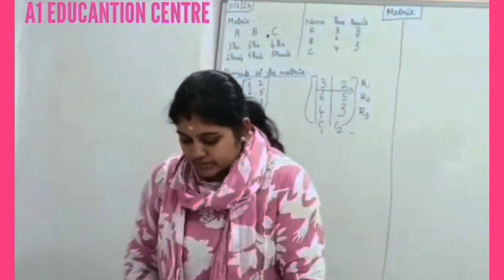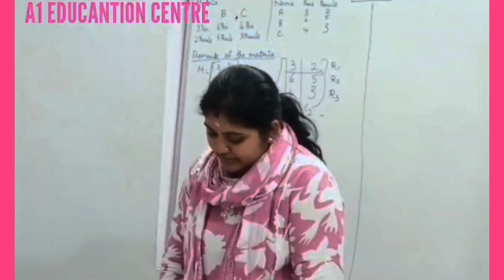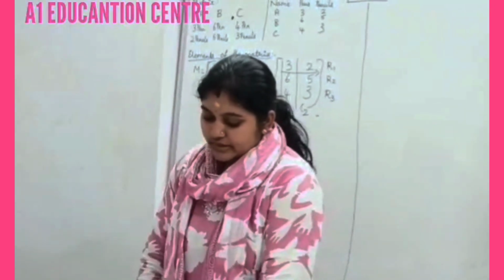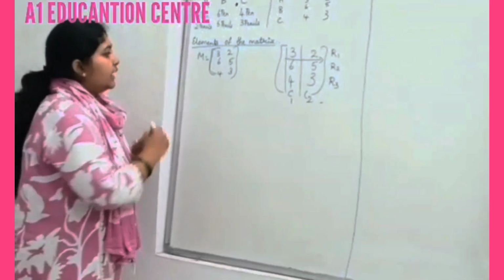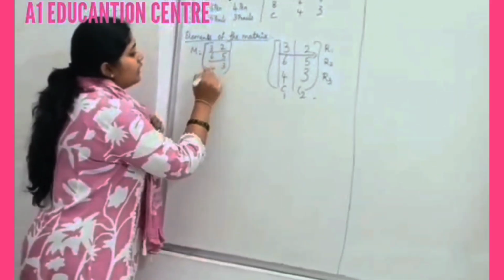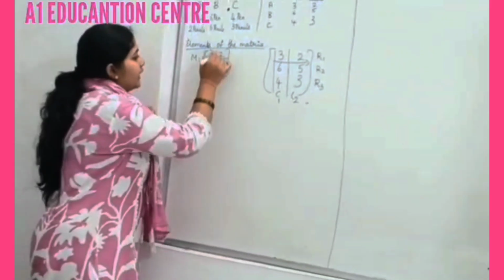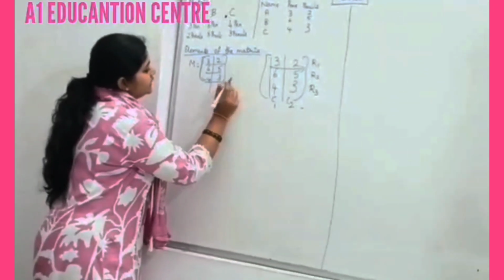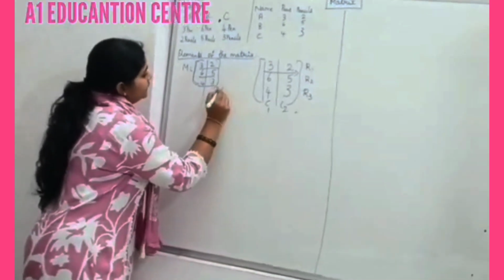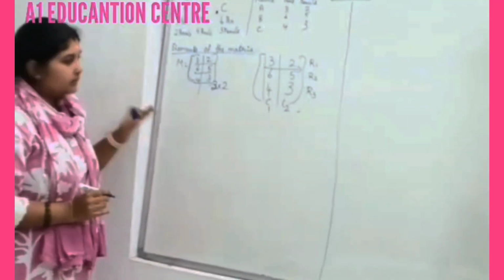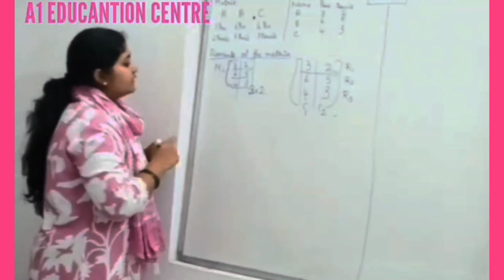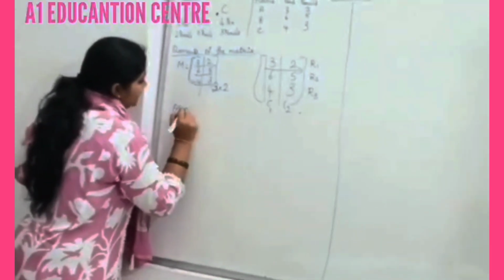So elements is done. Now we are going to study the order of a matrix. What do you mean by the order of a matrix? It is arranged in the order 3 into 2. What is the formula for the order of a matrix?